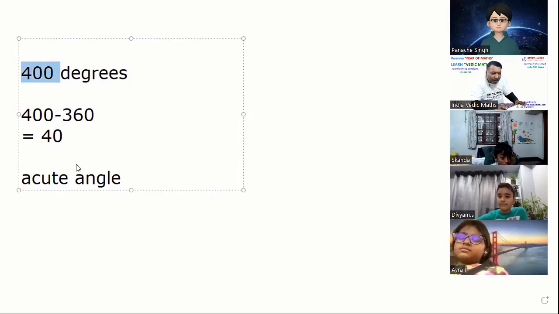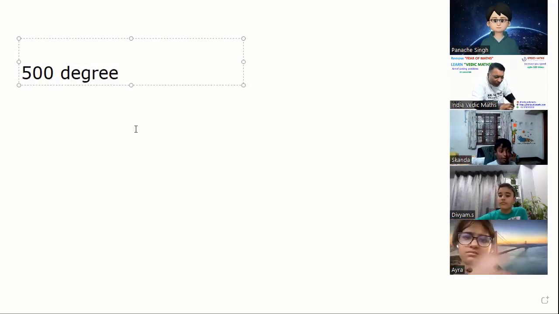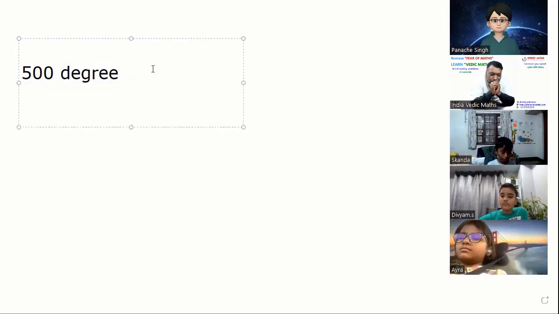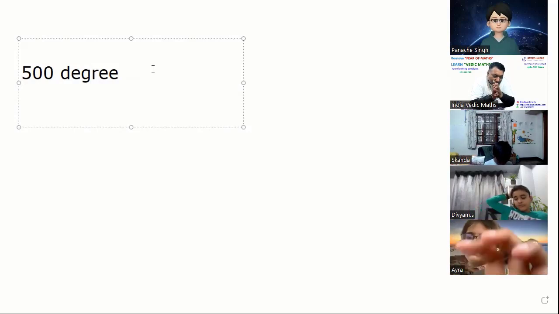Similarly, can everybody tell me which angle will it form when it is 500 degrees? Try everybody and check. I told you the method. If it is more than 360, you subtract 360 and get the remaining and then find out. You understand everybody or not?